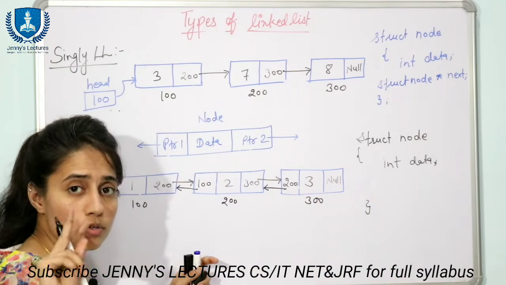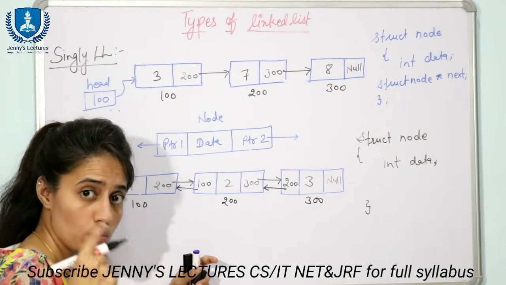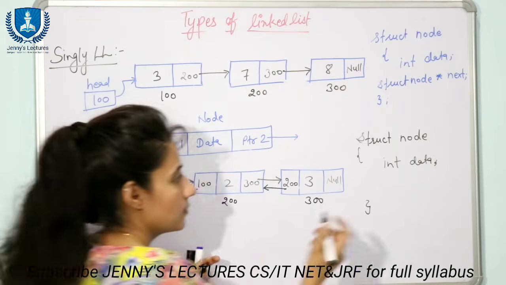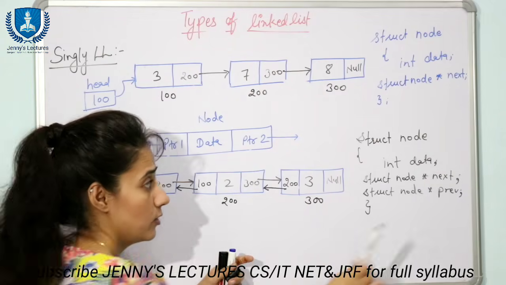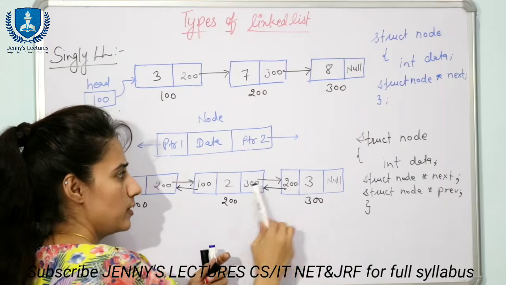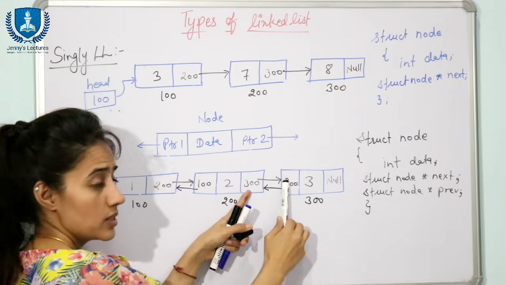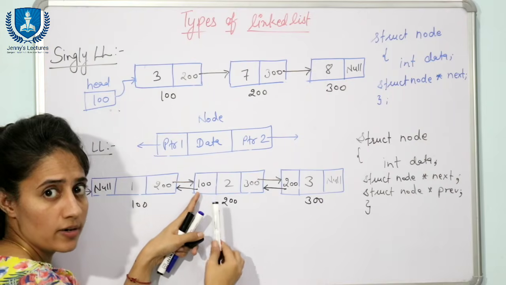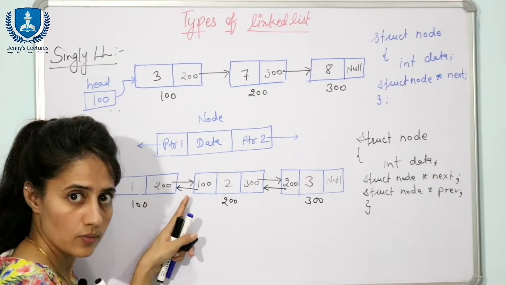And 2 pointers, of type struct node only. This is how we are going to represent it. 2 pointers would be there. One is next, which stores the address of the next node, and this one is previous, which stores the address of the previous node.